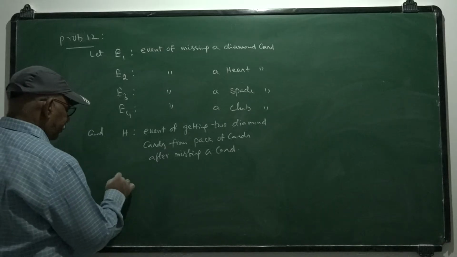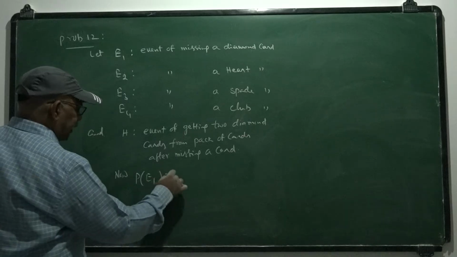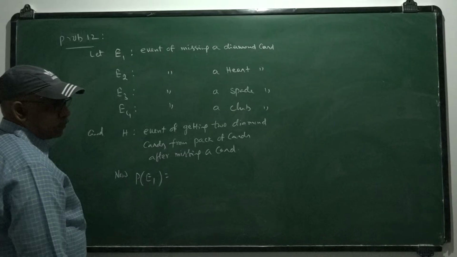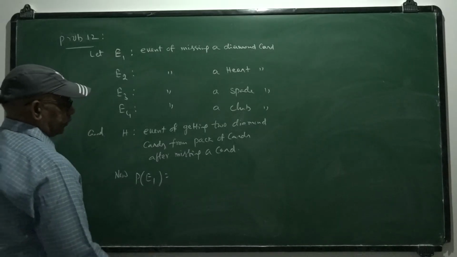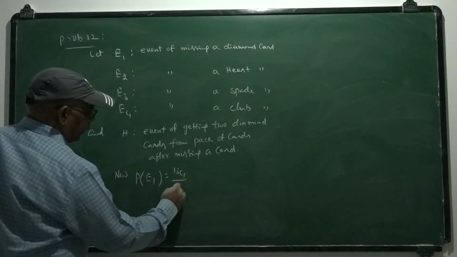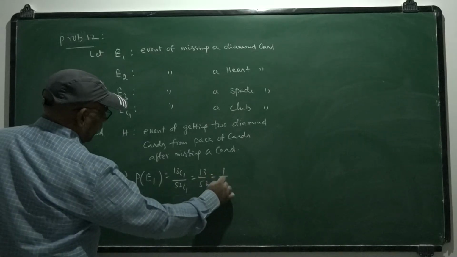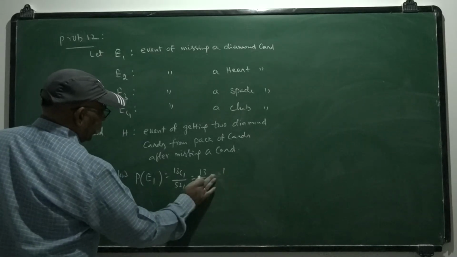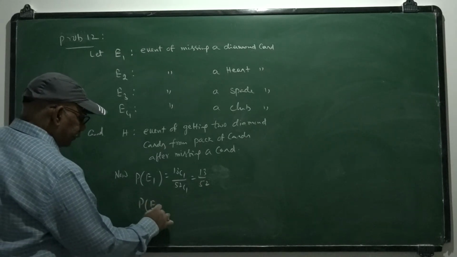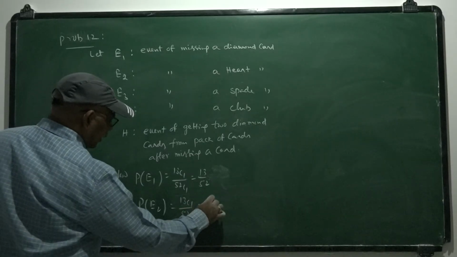Now, probability of missing a diamond card from a well shuffled pack of 52 cards. Diamonds are 13, so 13C1 by 52C1, that is 13 by 52. And probability of E2, that is also 13C1 by 52C1, that is 13 by 52.